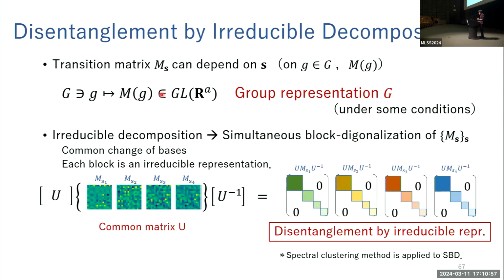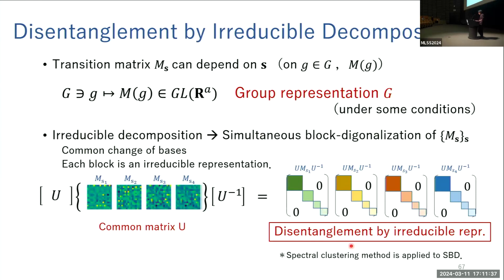So the matrix depends on G or sequence, but we can find the change of basis which doesn't depend on group element G, a fixed matrix, so that all the matrices for sequences can be expressed by block diagonalized matrices. And this is the disentangled representation on the latent space.